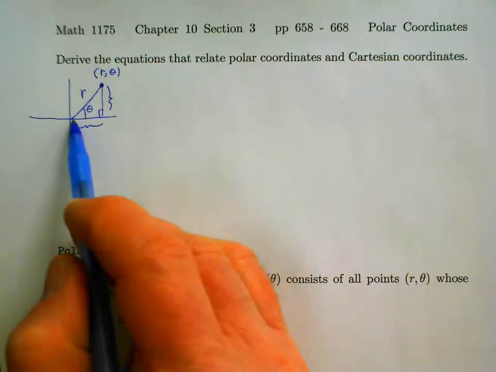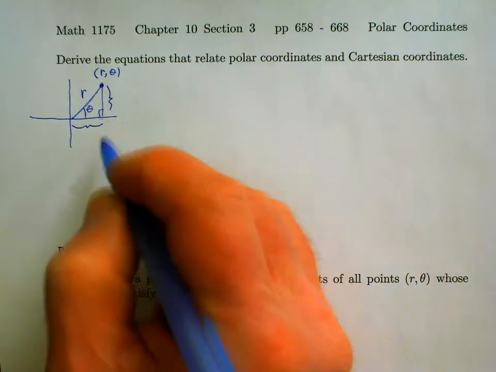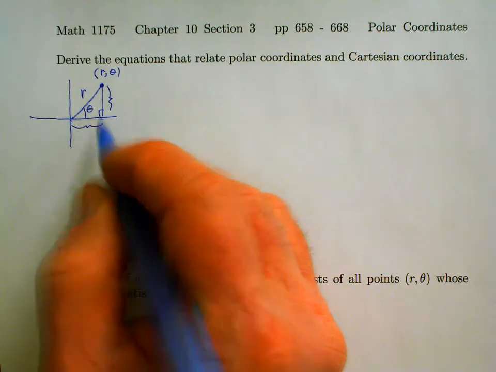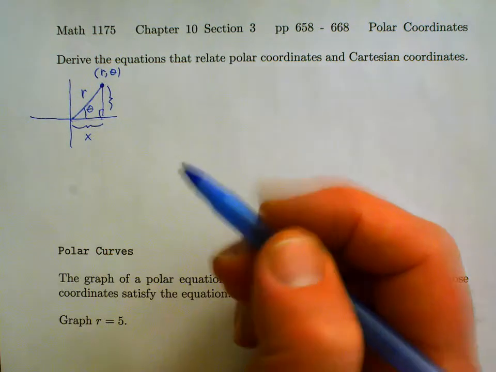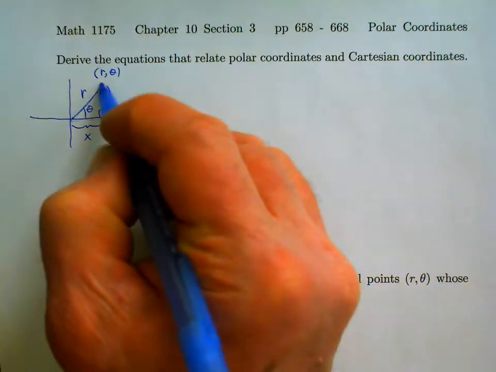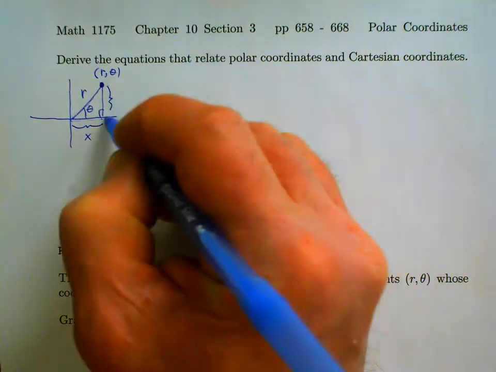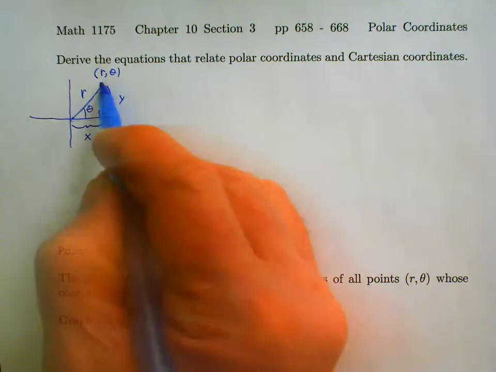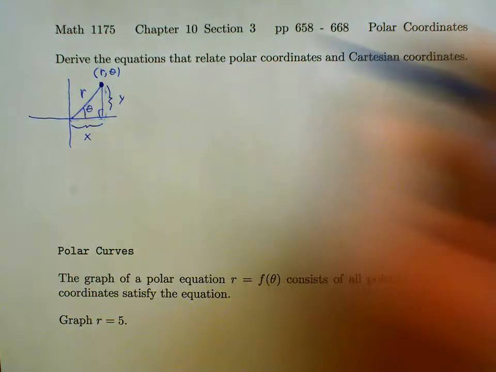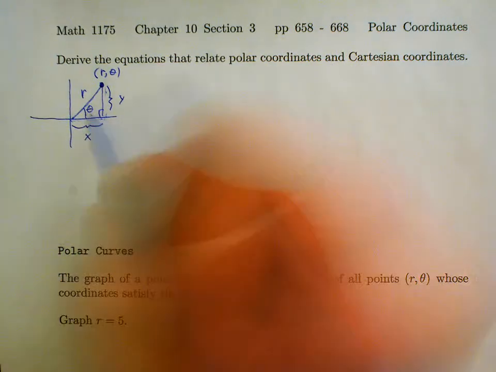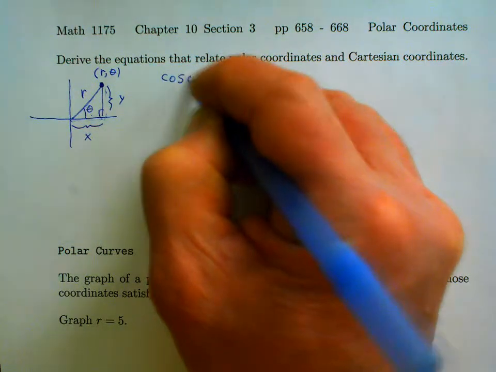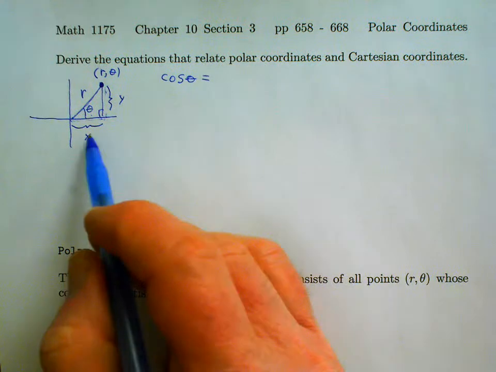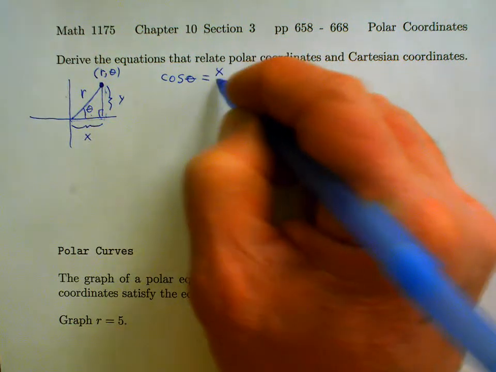And the horizontal side of this right triangle is the x coordinate of this point, and the length of the vertical side is the y coordinate of that point. And as we saw, cosine of theta is equal to adjacent over hypotenuse, x over r.